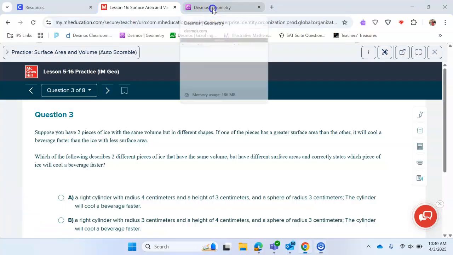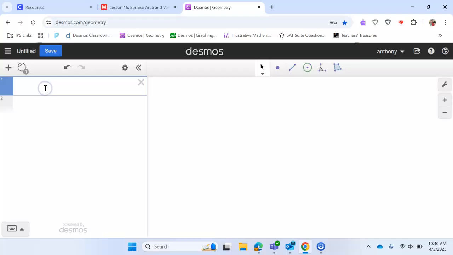A right cylinder would have a volume of the area of the base, pi r squared, times the height.